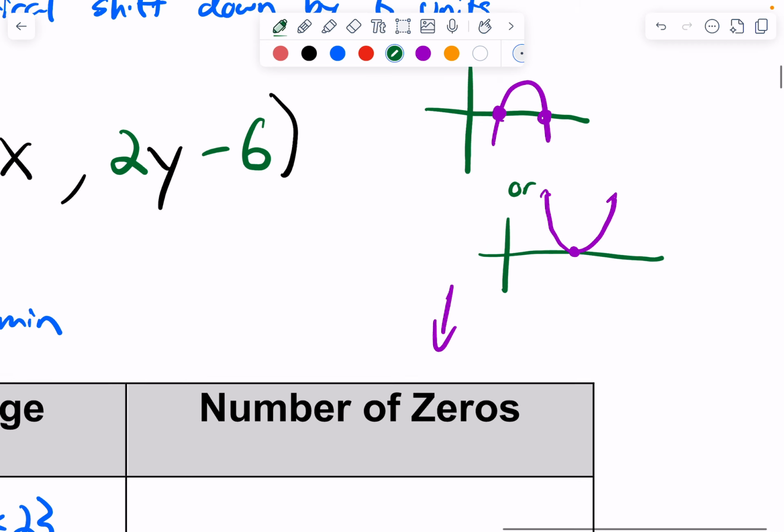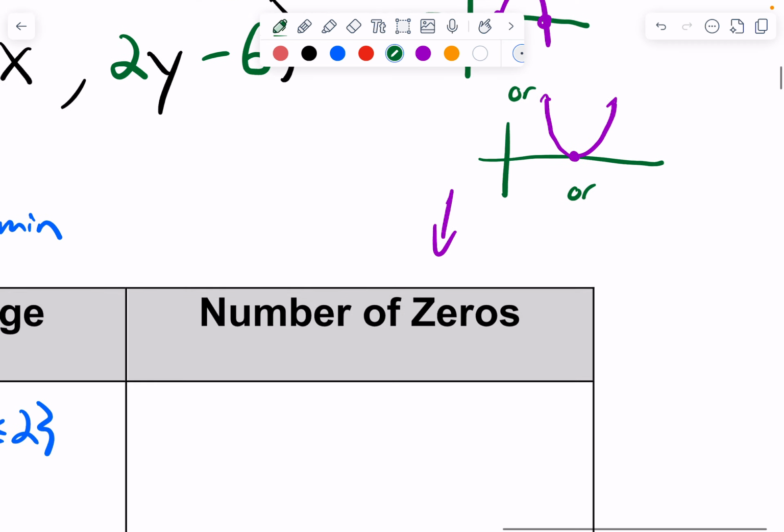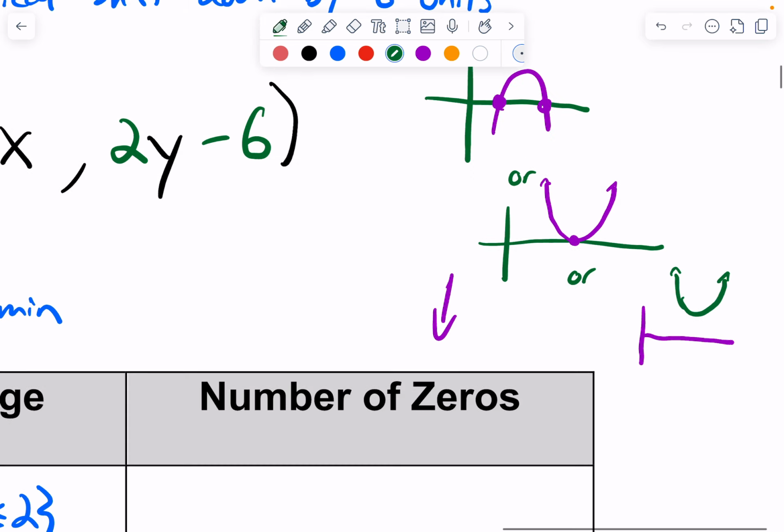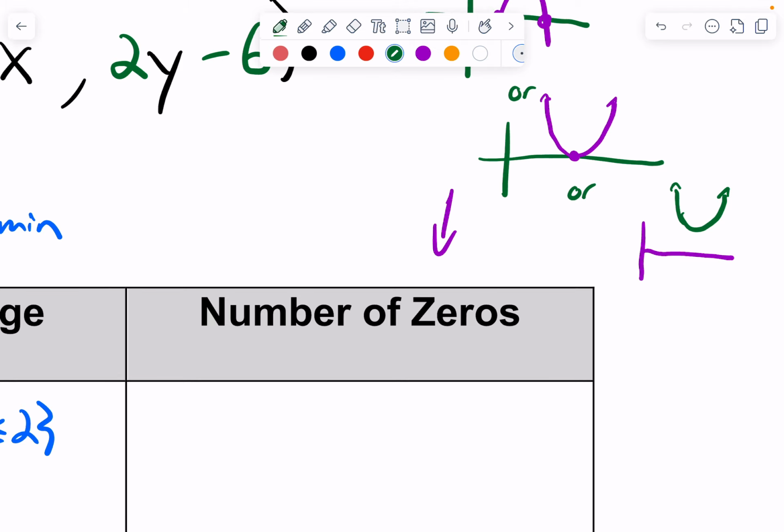Or does it have no zeros like that? Actually, I made my colors wrong.